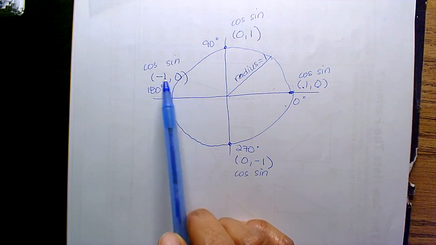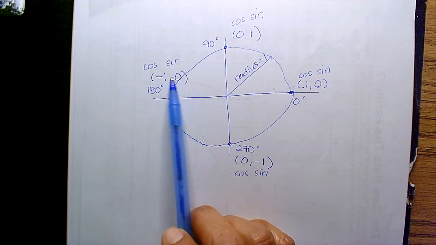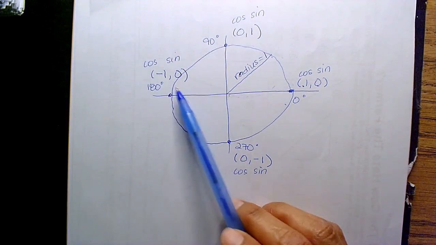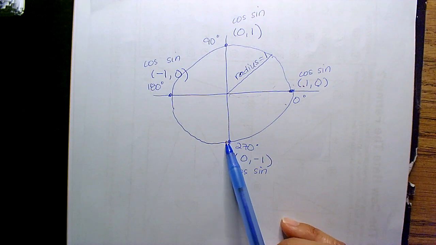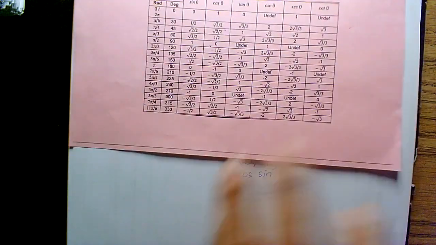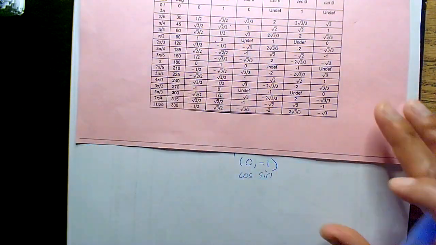You may want to go sine, cosine because that's how your chart is labeled, but remember, it's always alphabetical: cosine, sine. Then when the radius drops south, that location is (0, negative 1), and that's why at 270 you have cosine 0, sine negative 1.